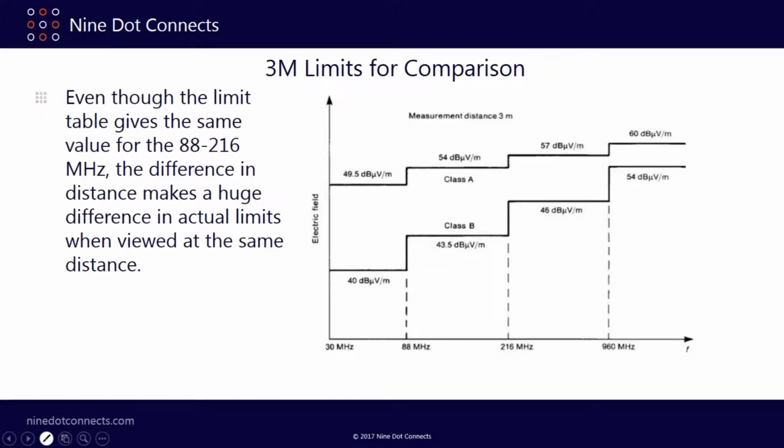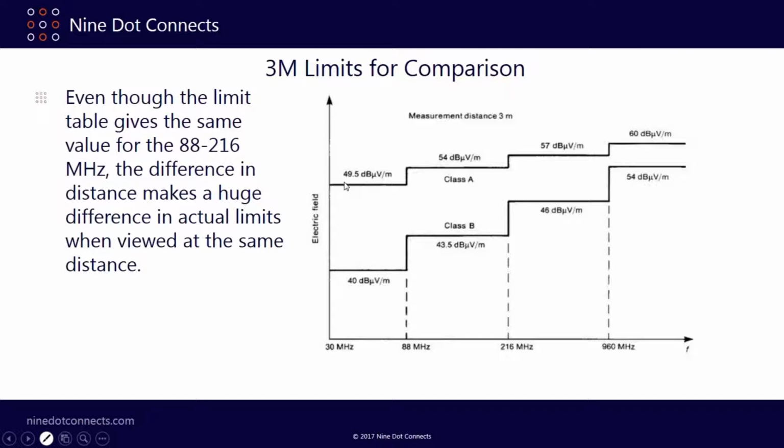Now, here's the thing that to me was very tricky when trying to explain this concept to people. Remember I brought up the fact that Class A was at 10 meters and Class B was at 3 meters? If you were actually to compare the same distance, what this chart shows is that for Class A devices, here is the sensitivity of that signal.